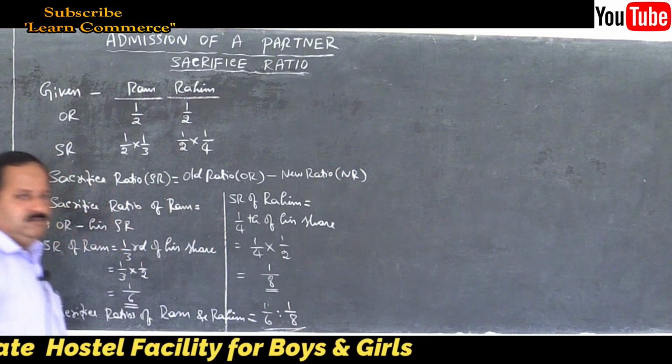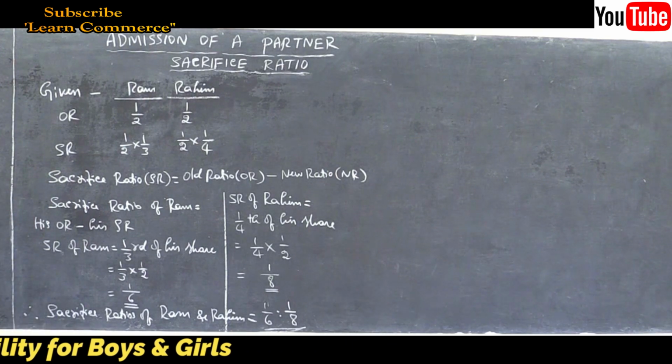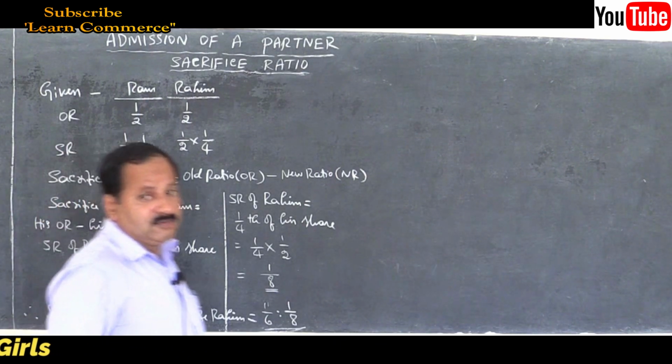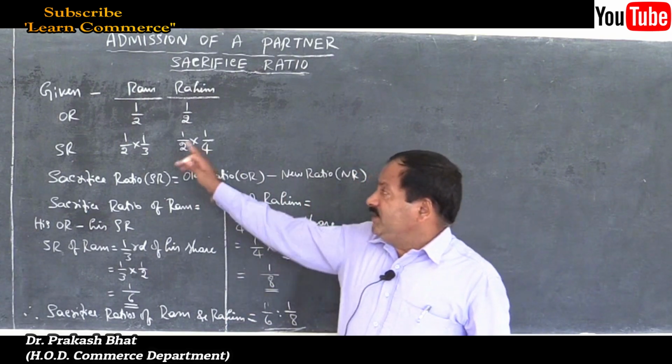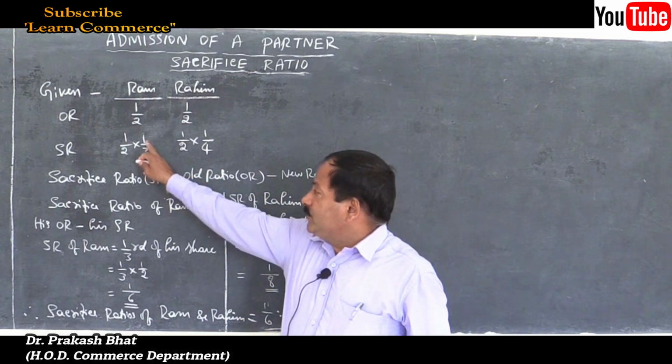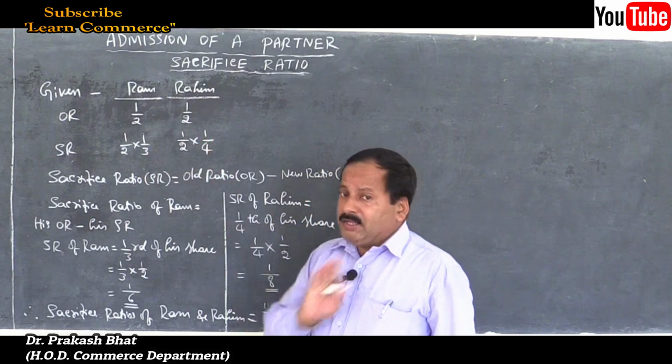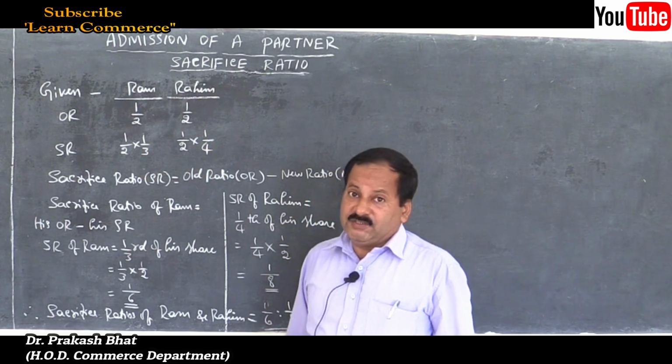That's all. Your problem is solved. So you should make sure that the given ratios 1/3 and 1/4 are not the sacrifice ratios.